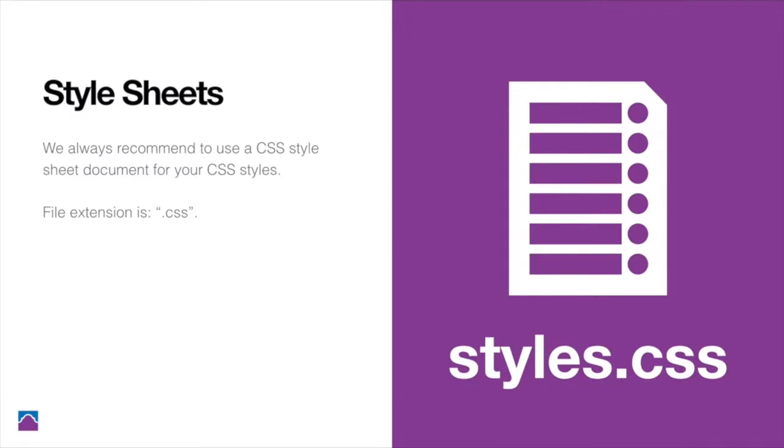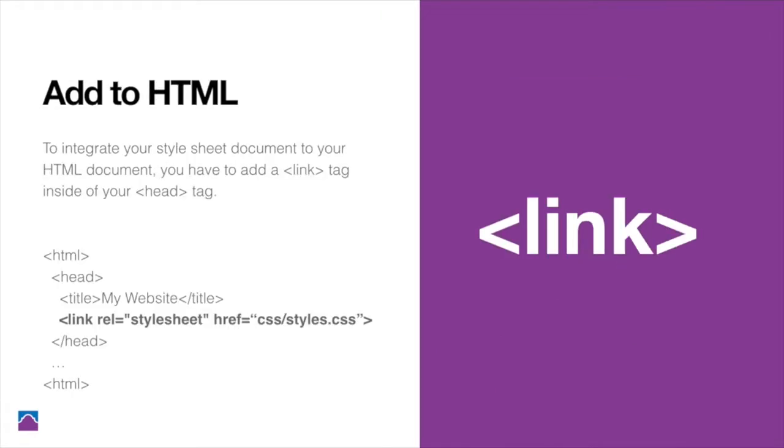I always recommend to use style sheets. So in your project, we'll make a CSS folder and then create a file called styles.css. The file extension will be .css. And to add it to your HTML, you go to your index.html file, and inside the head section, you're going to write this piece of code which says it's a link tag, and you're going to connect it.